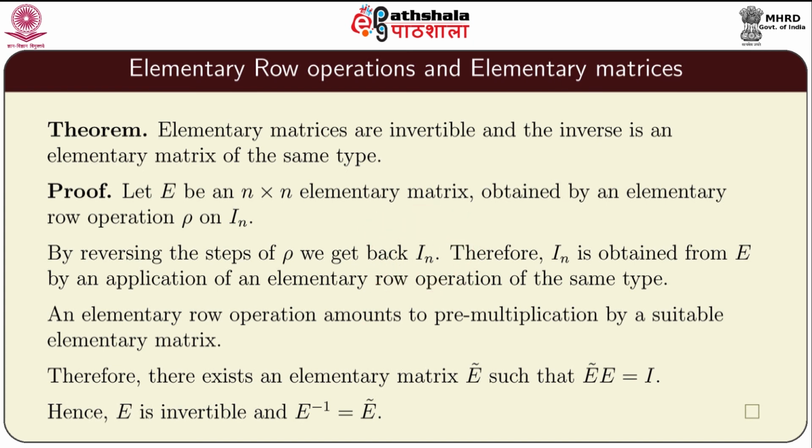And what is interesting here is that this reverse operation of rho is also an elementary row operation of the same kind. Therefore, we can say that there is an elementary matrix E tilde such that E tilde E is I. This is because the reverse row operation on E gives back I, but this proves that E is invertible and inverse is nothing but another elementary matrix.